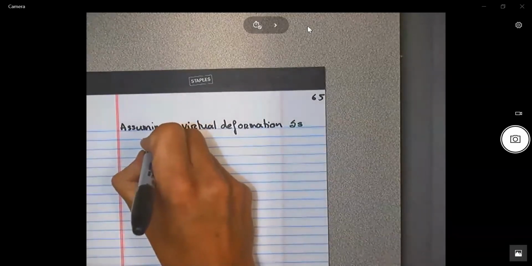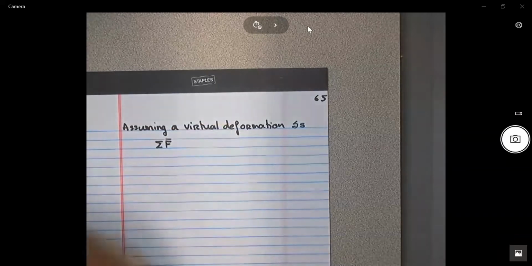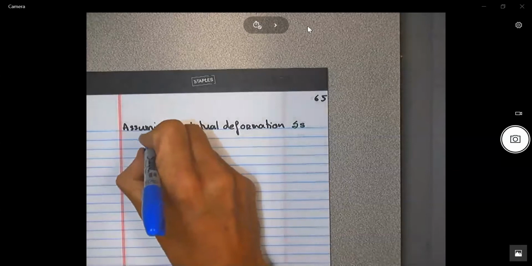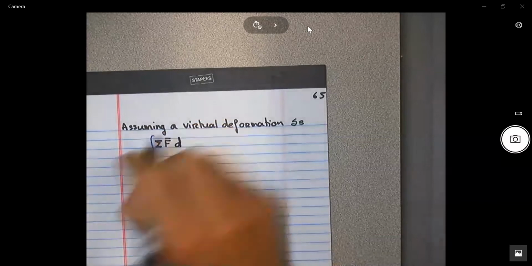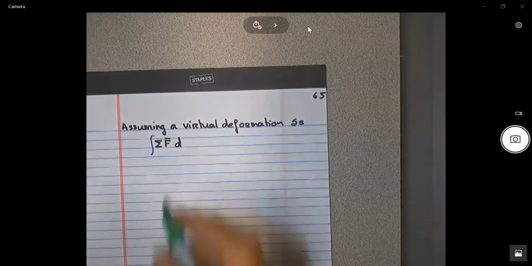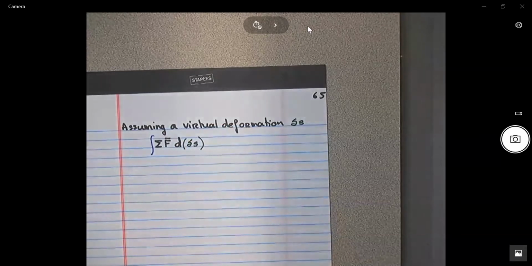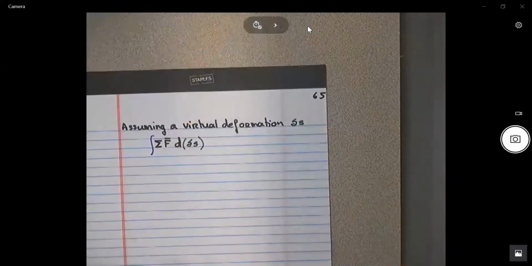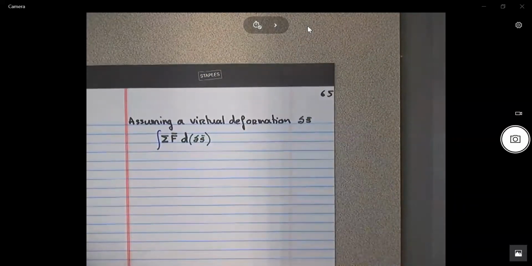We have the summation of forces integral d, but now S was the deformation, no? Now we say we're going to assume a virtual deformation. Okay? So this is exactly the same equation as the one we had before, where this is deformation, this is our virtual deformation.